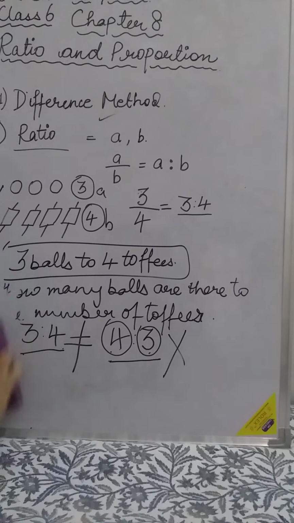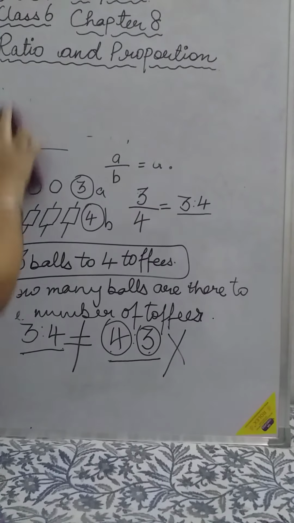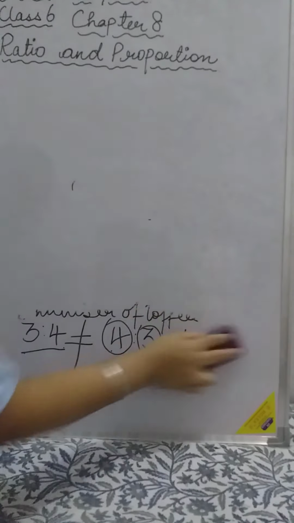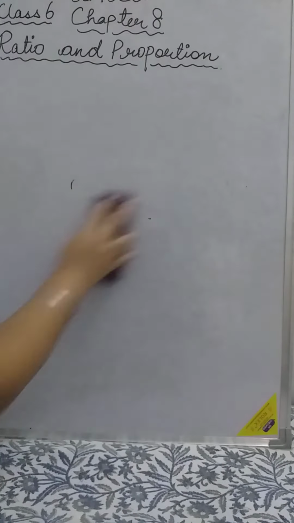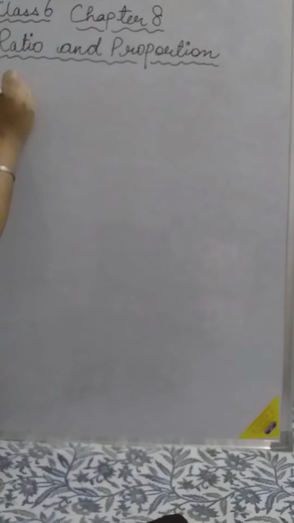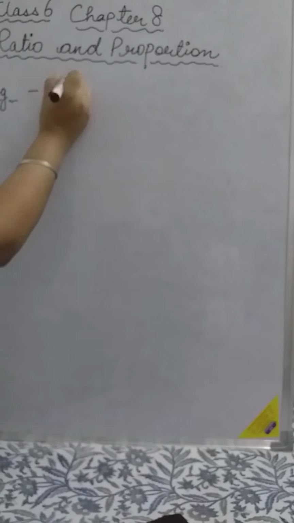Understood? Now there are certain important points that you need to keep in mind apart from numbers having different identities. Now the next point is ratio is a fraction, so ratio will remain unchanged if each term of the ratio is multiplied or divided by the same non-zero number. For example, you have this number 3 is to 4.